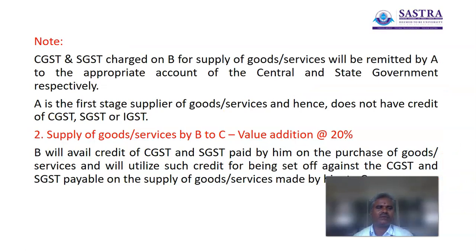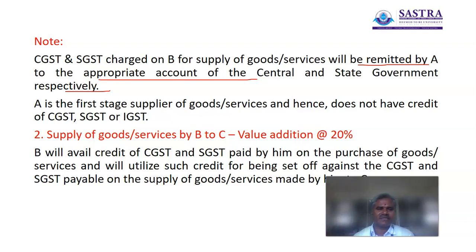Now, I have given one note for your understanding, but I already told you. CGST and SGST charged on B for supply of goods or services will be remitted by A to the appropriate account of central and state respectively. The CGST will go to the central government, SGST will go to the state.